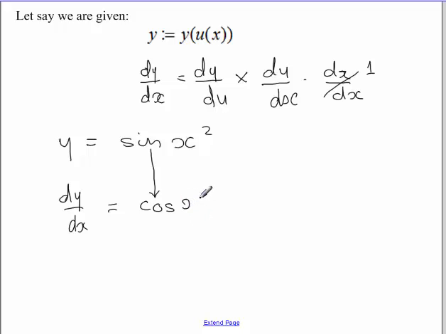Then we retain the same argument, and multiply by the derivative of the argument, in this case 2x to the power 2 minus 1. I'm just emphasizing that here we are applying the power rule. Am I making myself clear there? Okay.